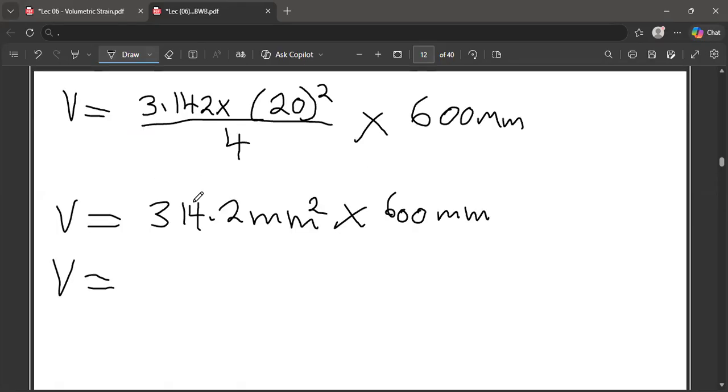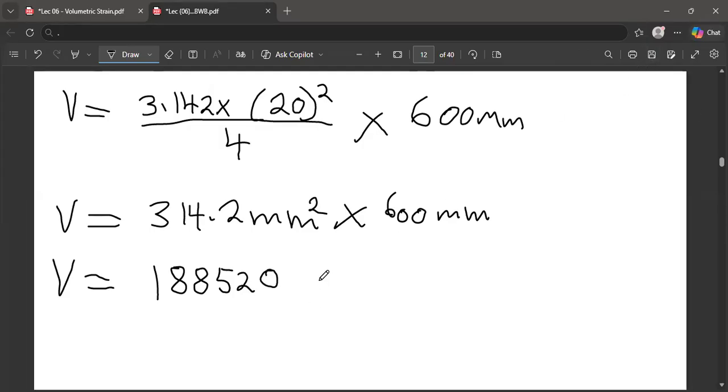So 314.2 times 600 is going to give us 188,520 millimeter cube. So that is the answer for our volume.